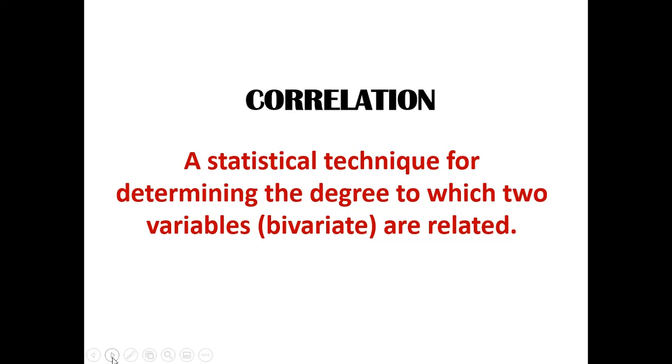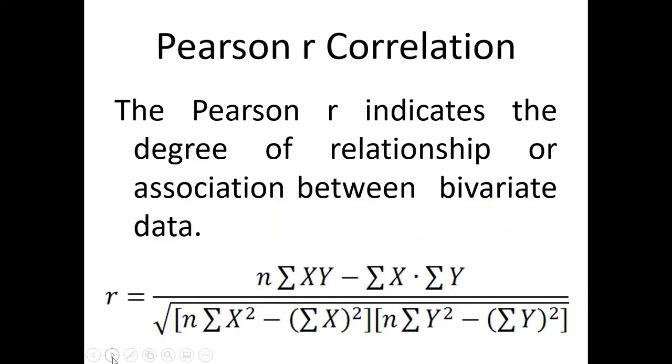Again, I'll repeat: correlation is a statistical technique for determining the degree to which two variables are related. So we usually use this formula. The Pearson R indicates the degree of relationship or association between bivariate data.